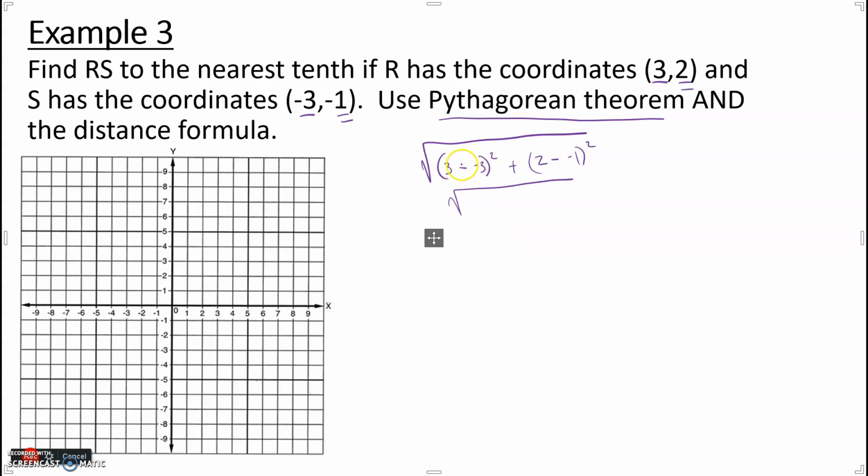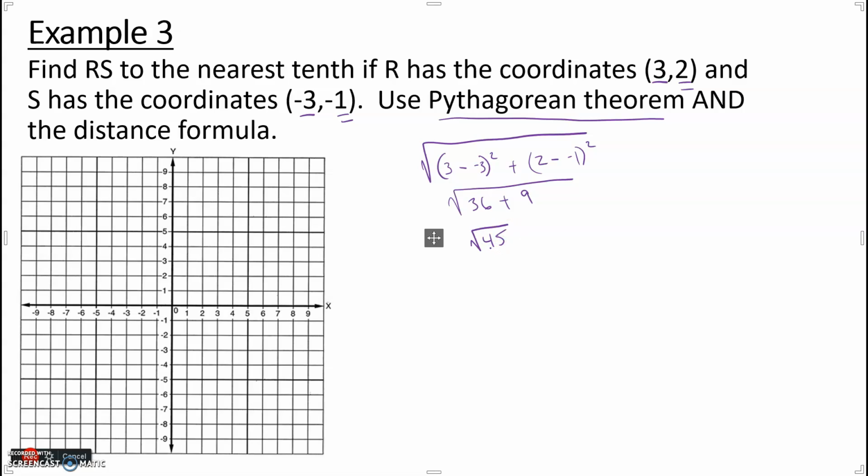Remember, minus negative becomes plus, so 3 plus 3 is 6. 6 squared is 36. All right, 6 times 6. Minus negative becomes plus, so 2 plus 1 gets me 3. 3 squared is 9. And then you have the square root of 45.